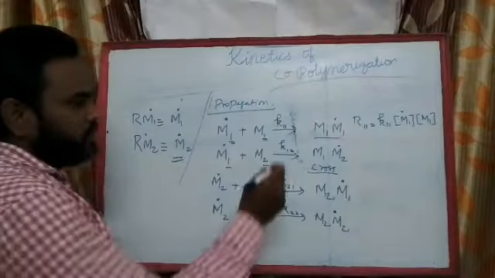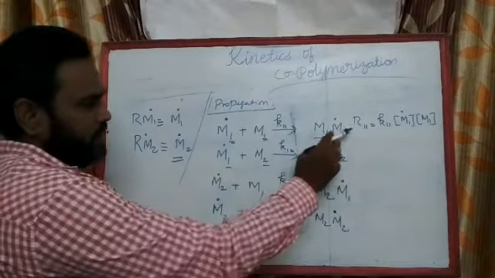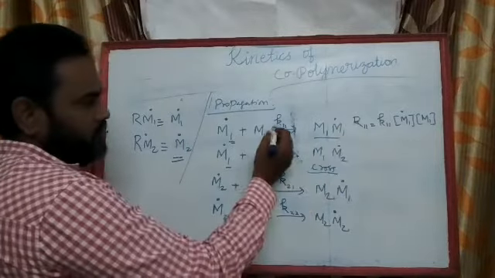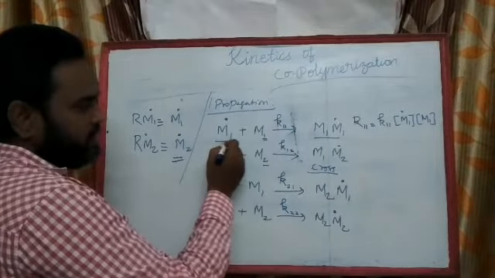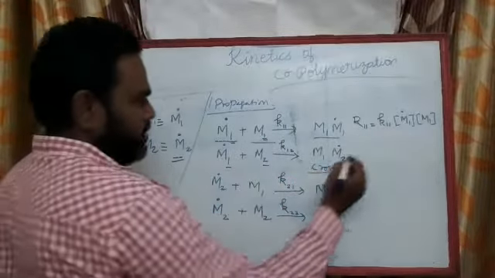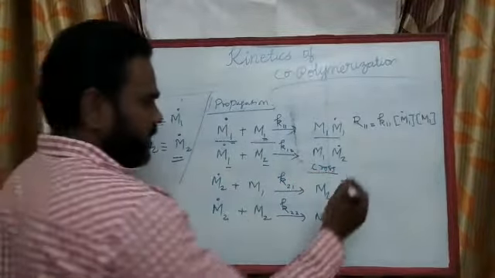So the rate of this reaction is the rate constant times the concentration of the radical and then the monomer.